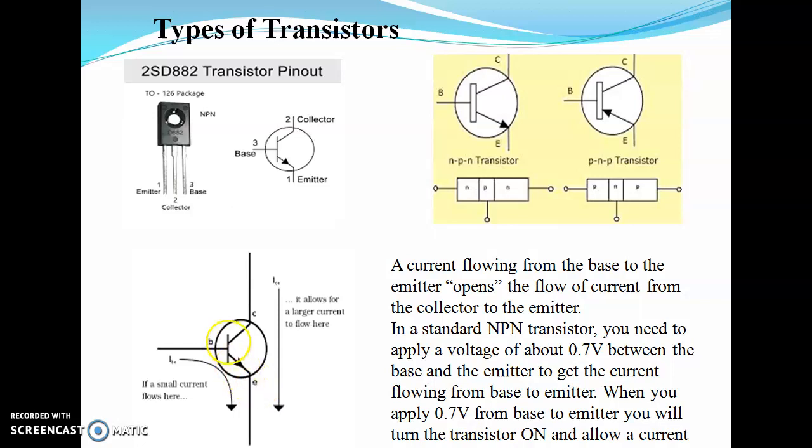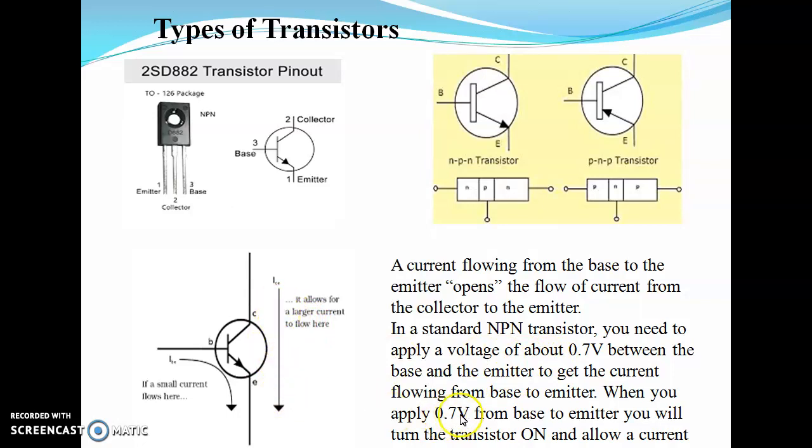When we apply 0.7 volt between base and emitter, the transistor will start working, and it will allow a large current to flow from collector to emitter. So in case of NPN transistor you need to apply a voltage of around 0.7 volt between base and emitter to get the current flowing from base to emitter.